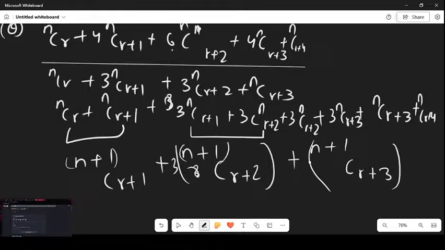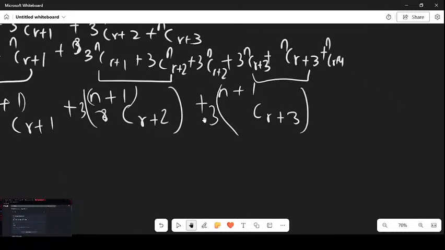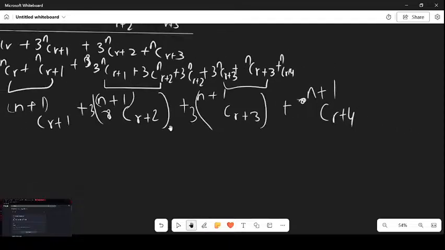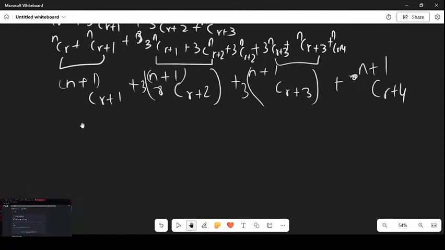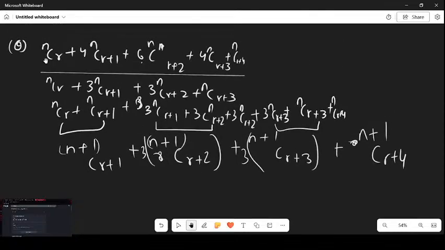Here also 3, and here again, we are taking common (n plus 1)C(r plus 4). Now is there anything which we can do with this form? So basically nothing, actually nothing else.